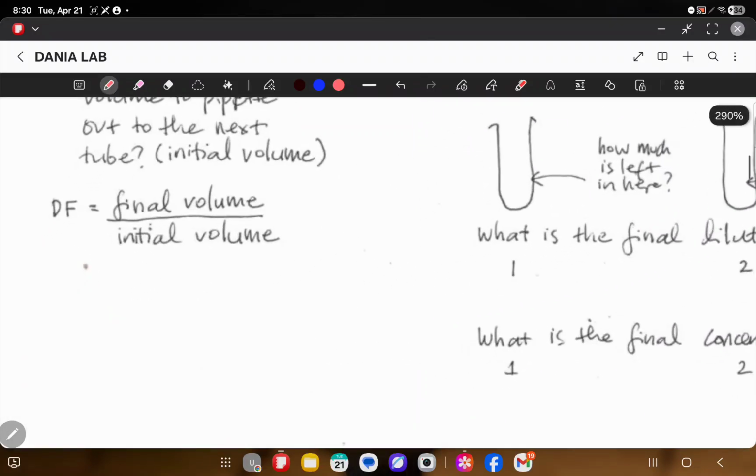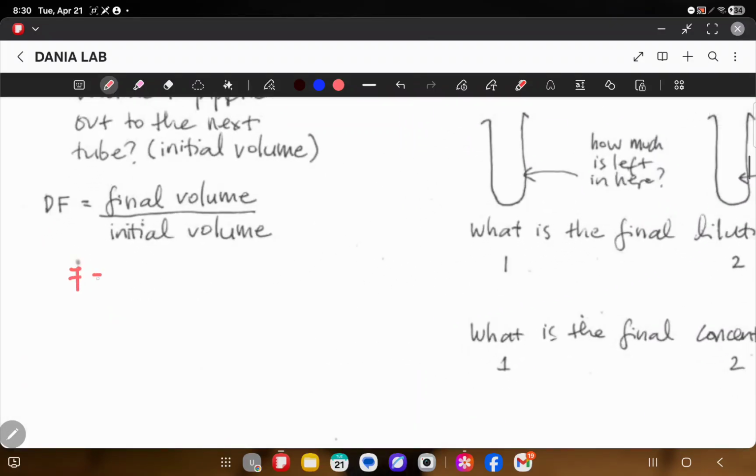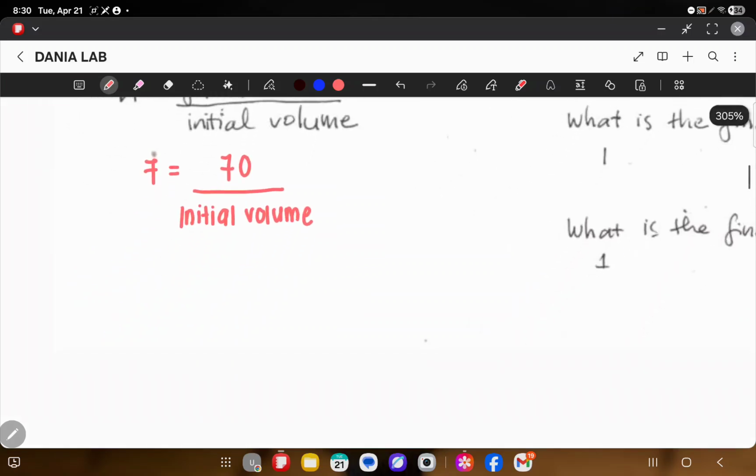So 7 equals 70 over initial volume. So our initial volume is 70 over 7, which is 10 ml.